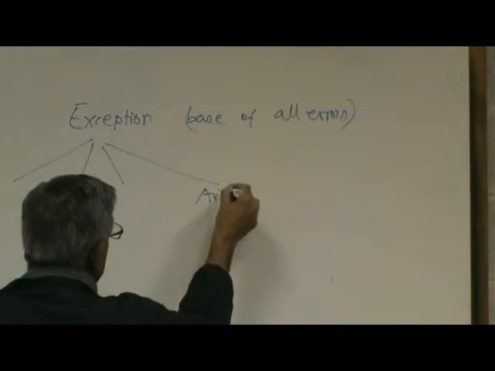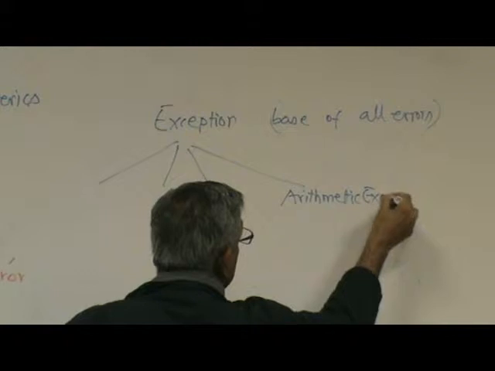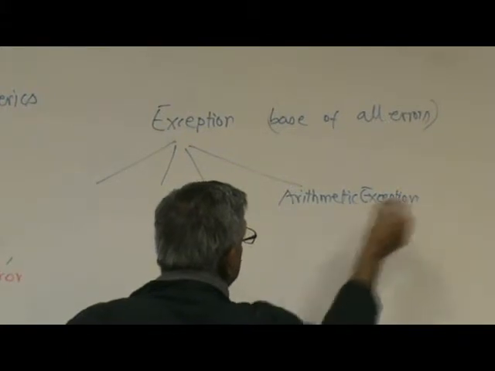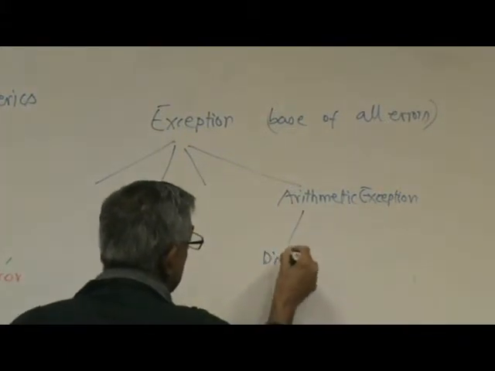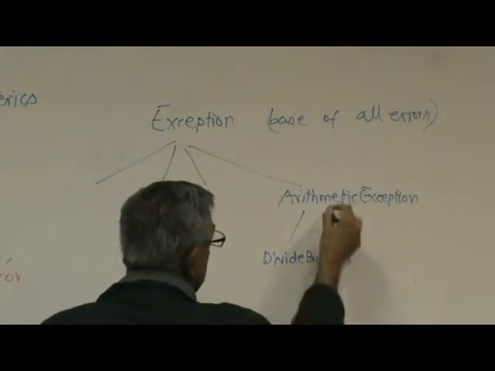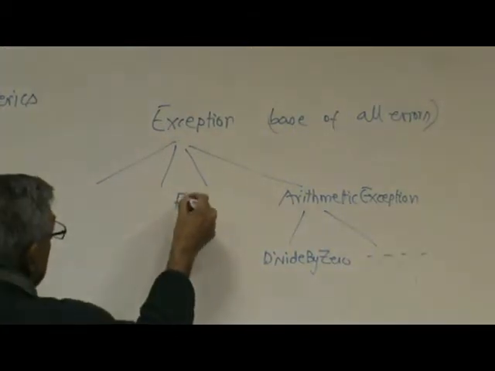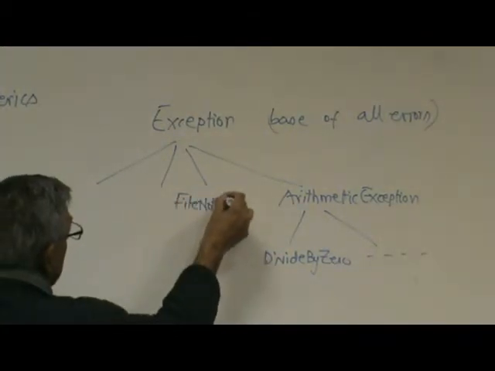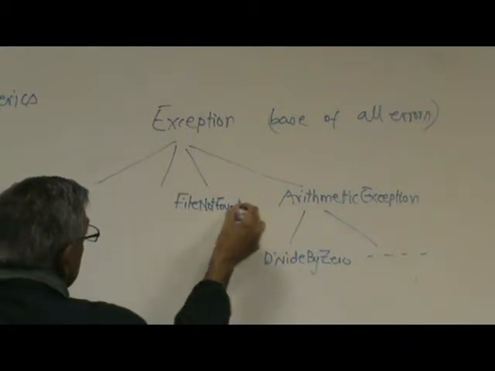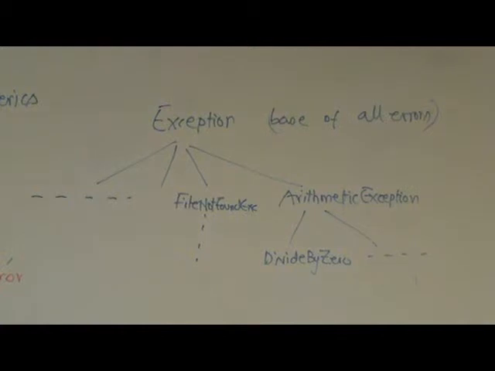For example, there's an arithmetic exception, which further has divide by 0, and some other exceptions over here. Somewhere here, related to files, there's a file not found exception, and lots of other exceptions that gradually you'll get better at.